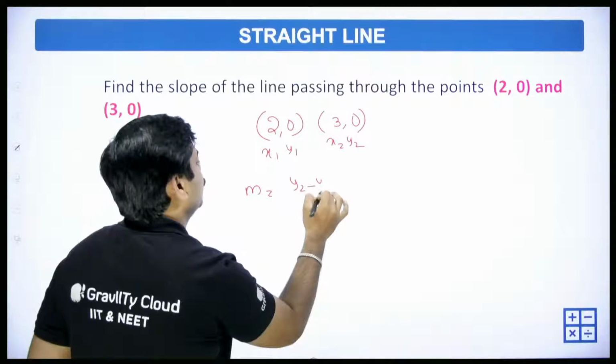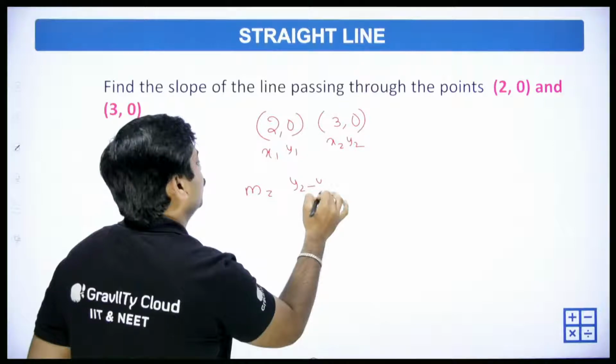So from this I can say that the slope of the x-axis is 0, and the slope of any line parallel to the x-axis will also be 0. Next, try to take a few points on the y-axis and find the slope of the y-axis, and tell me what we will get.